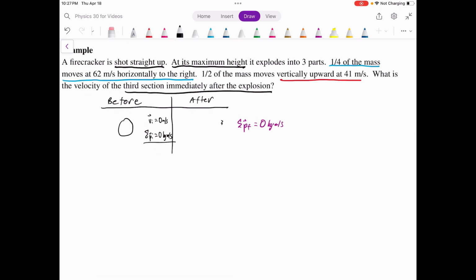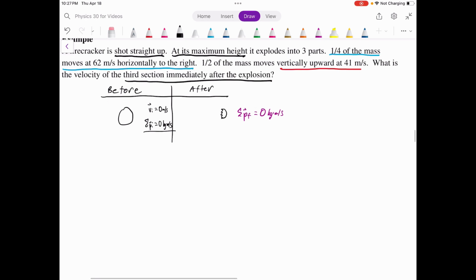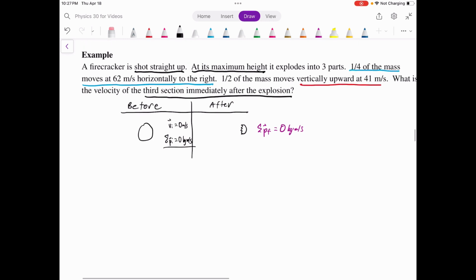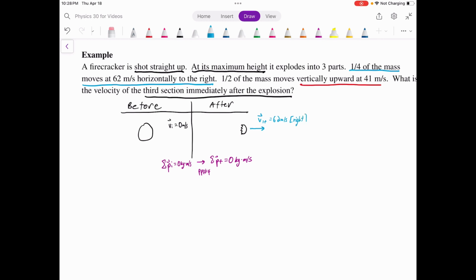So let's draw one fragment of this exploded firecracker, moving at 62 meters per second horizontally to the right, perfectly in the x-axis in the instant after the explosion. Let's call that piece 1, because it was the first one mentioned in the question. So V1 final is just 62 meters per second, perfectly to the right, entirely in the x-axis.